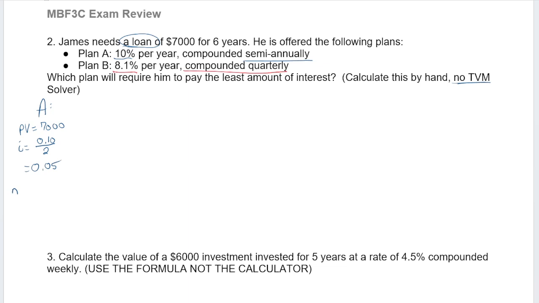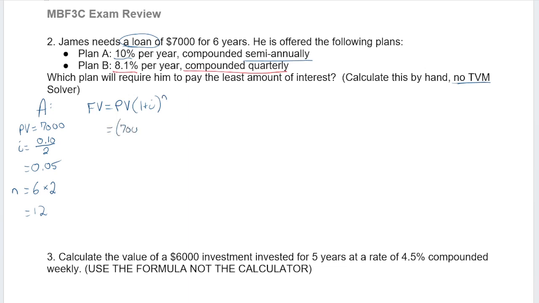And then we have to get N, the number of compounding periods, which is T, the number of years, times the number of compounding periods per year. Semi-annually again is 2. So our N is going to be 12, and then it's just our formula for compound interest. FV is equal to PV times 1 plus I to the N.